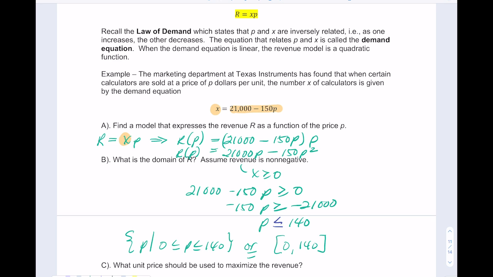So that's your domain. That means we're looking at 0 to 140 for the price, and that's dollars per unit. So you can sell a unit of calculators for no money at all, maybe you're giving it away, where you don't sell any, all the way up to $140 per unit.